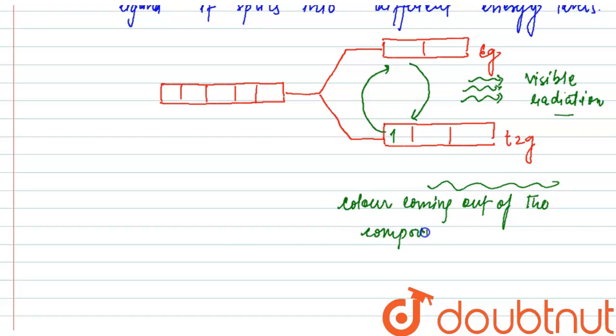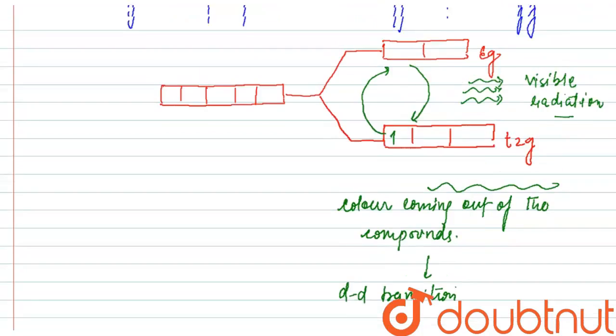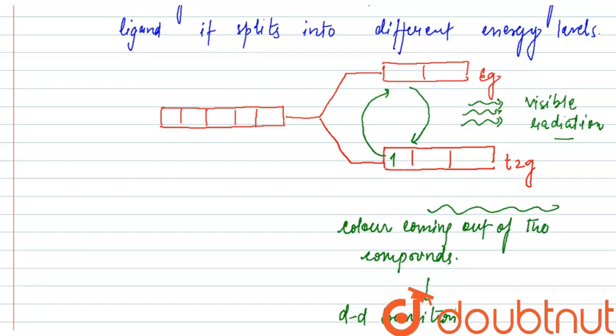So this is something that happens in general. This entire phenomenon is called d-d transition. Why d-d transition? Because the electrons are getting excited and returning back, and all the transition is happening in the d subshell only.